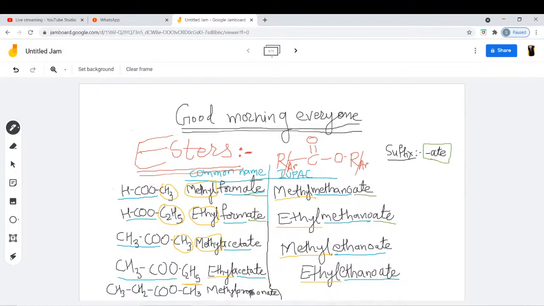Next, in the IUPAC name it will be methyl propanoate. Easy. Then we take some aromatic examples.